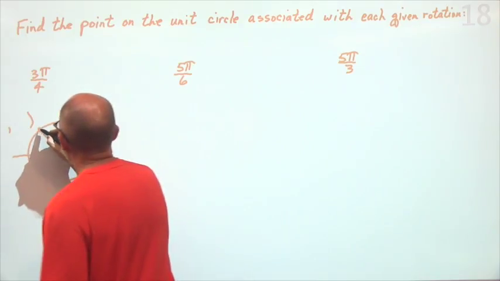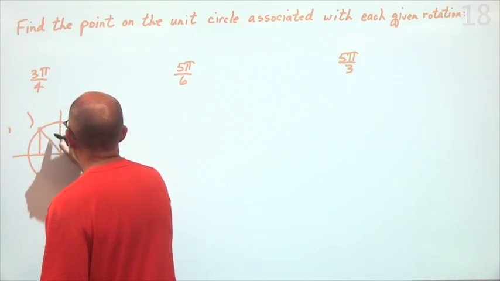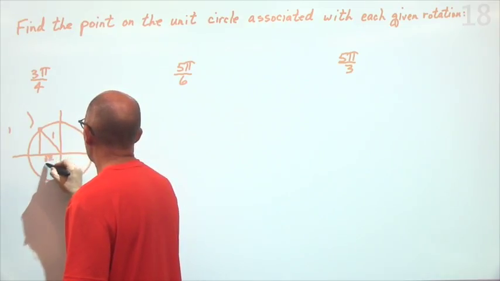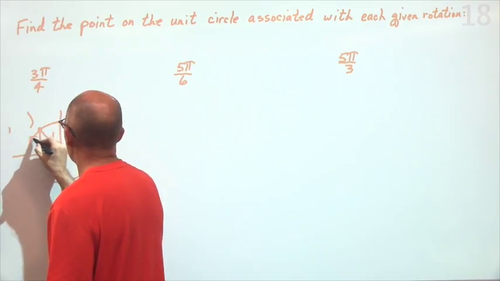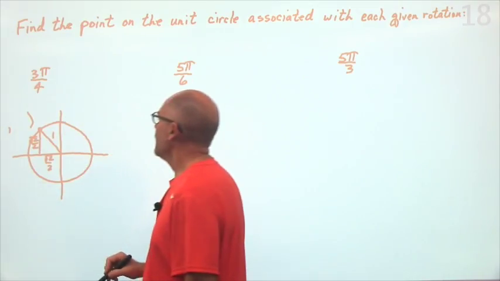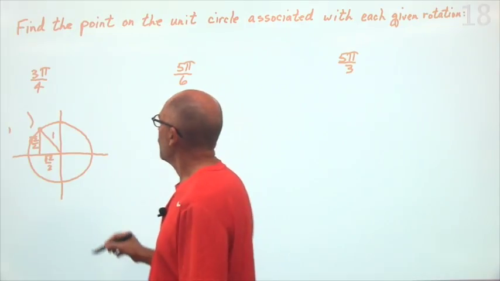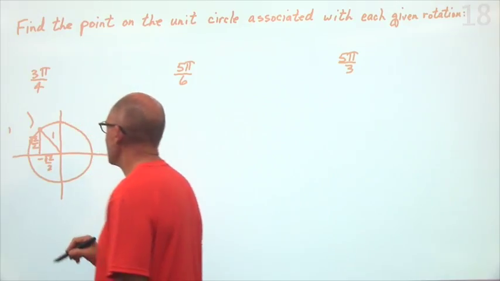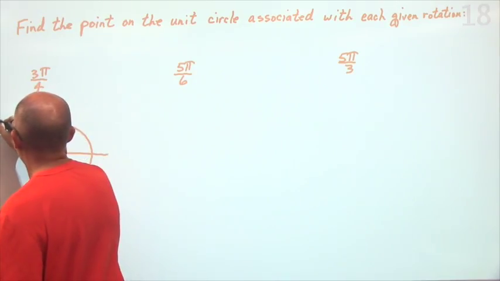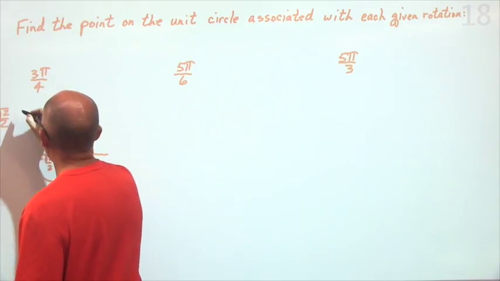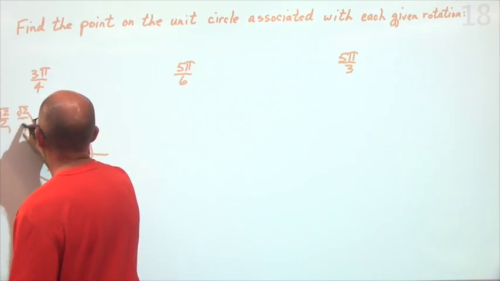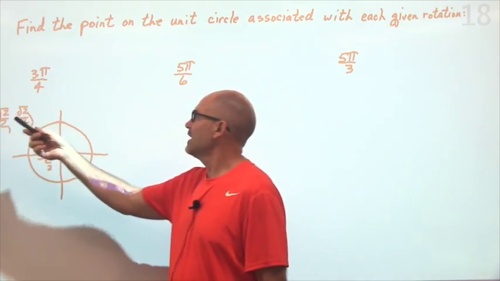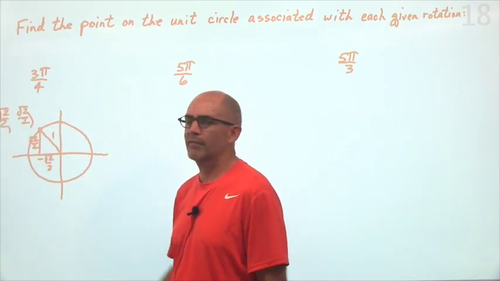Well, notice this is 1, so that means this is square root 2 over 2, and this is square root 2 over 2. Now, what are the signs? Well, notice we're going left and up. So left means negative square root of 2 over 2. And up is positive square root of 2 over 2. So that's the point on the unit circle, negative square root of 2 over 2, positive square root of 2 over 2.